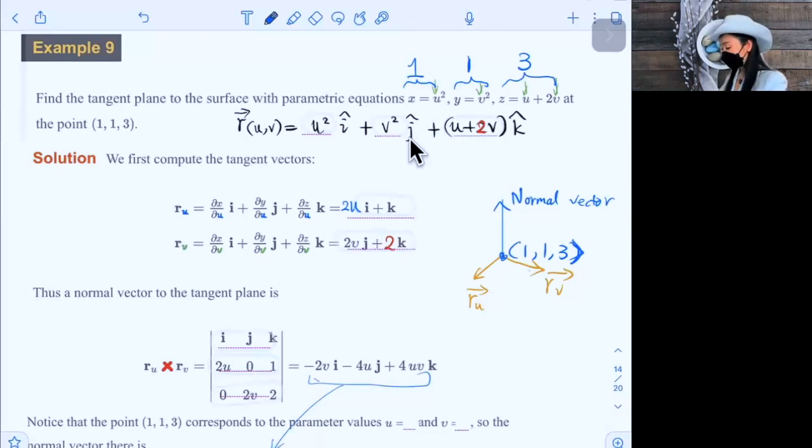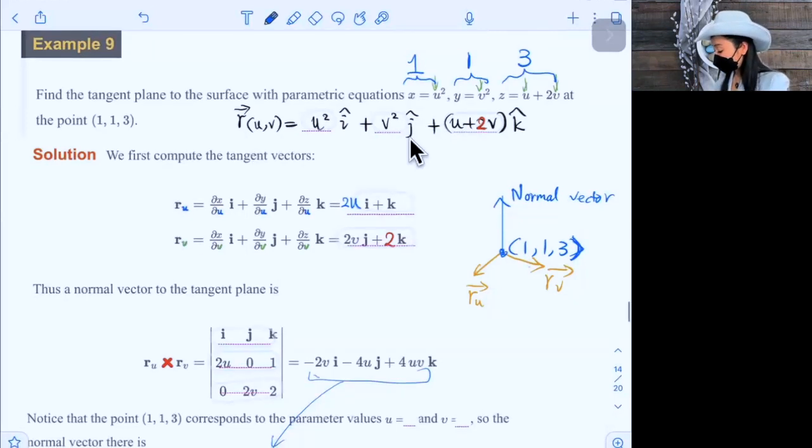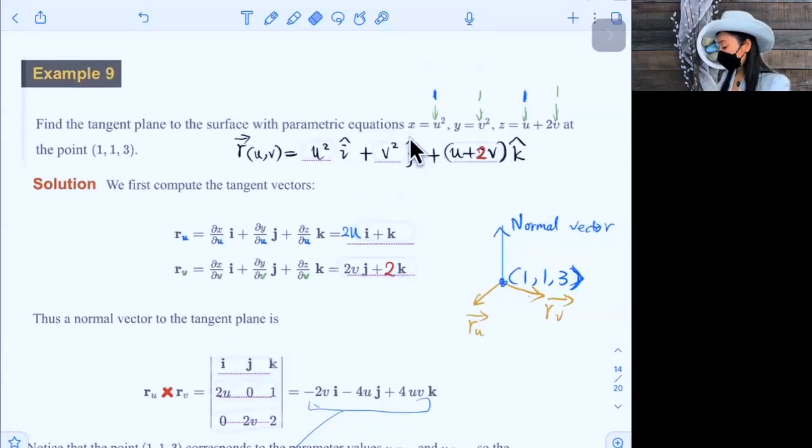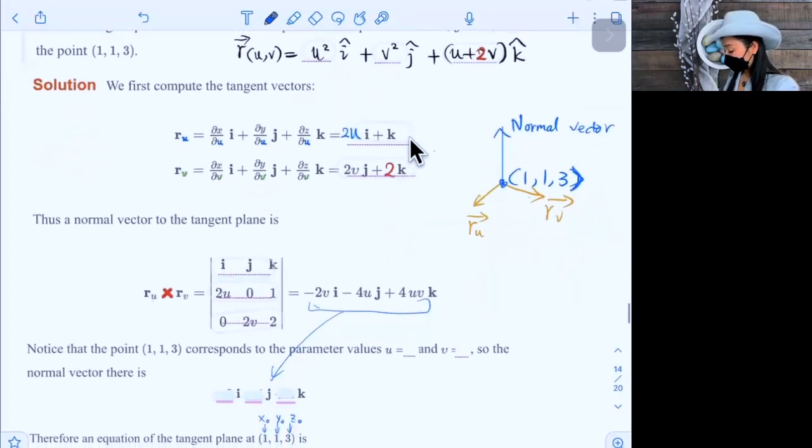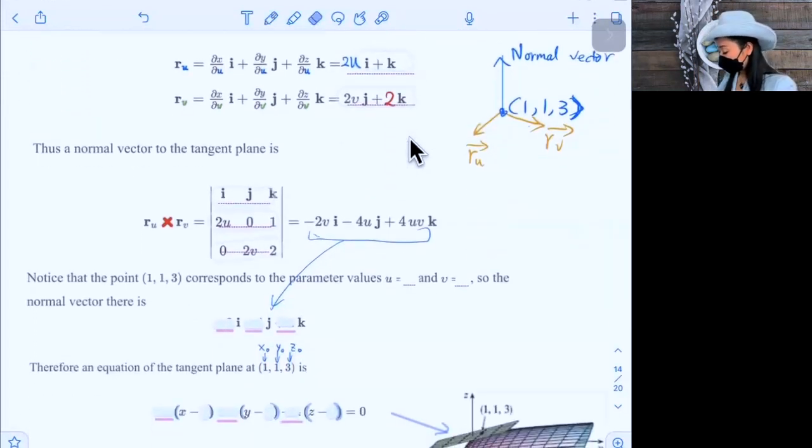From here, you see that u will be 1, v will be 1, and then you're going to have x equal to 1, y equal to 1, and z equal to 3, right? So this is 1, this is 1, and this one here will be 3. Okay, good. So u equals 1 and v equals 1.